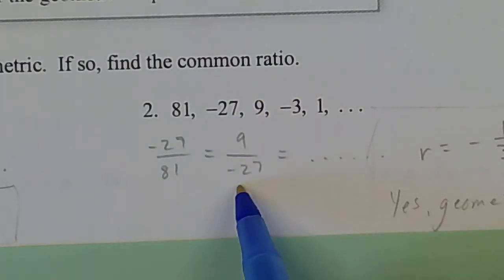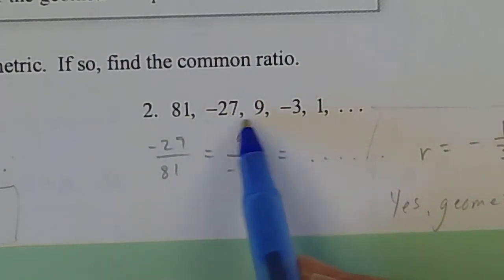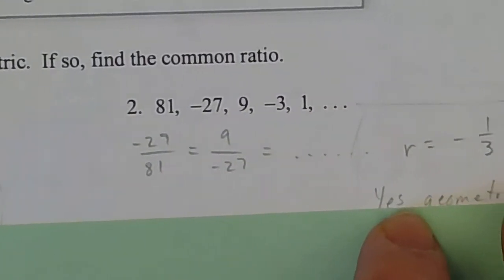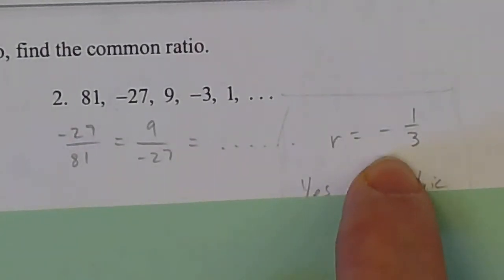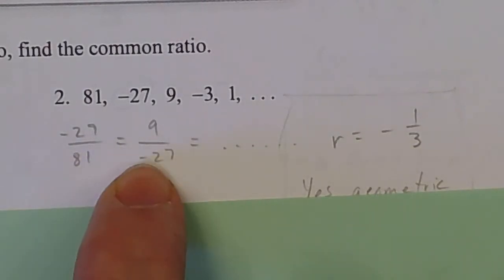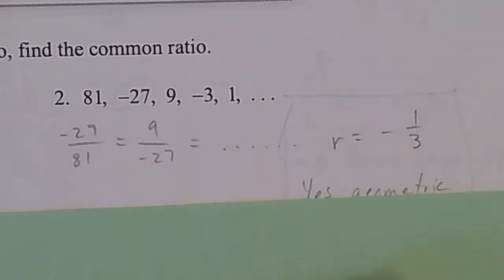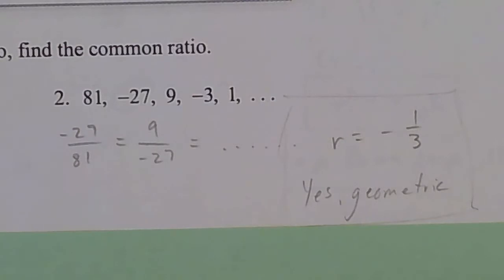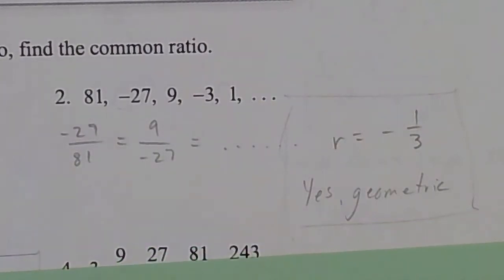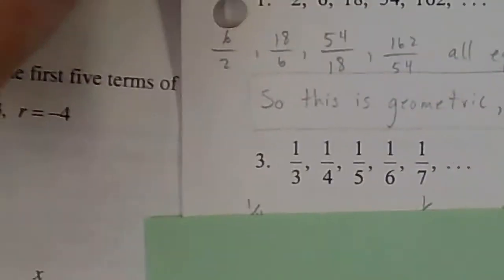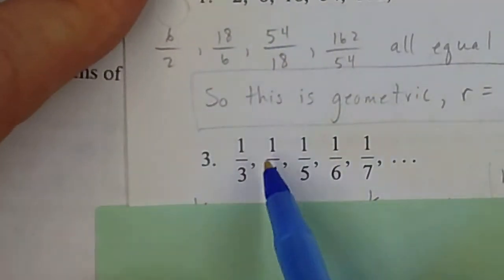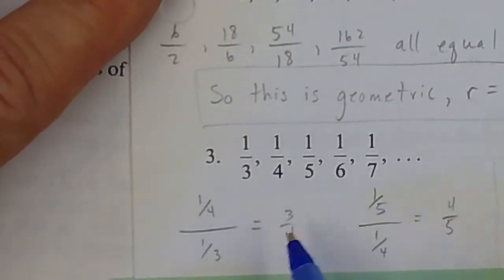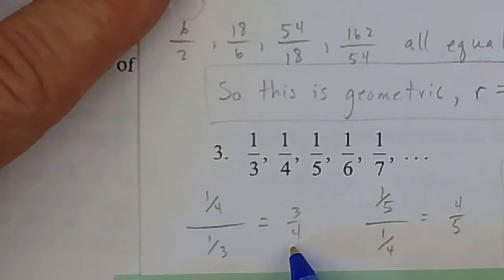It usually only takes you 2 times to see if it's common, but I might want to check all the way through. So the common ratio is negative 1/3 when we simplify those, or negative 0.3 repeating. So yes, geometric. All right, number 3, we take a term and divide it by its previous. 1/4 by 1/3 gives us 0.75 or 3/4.